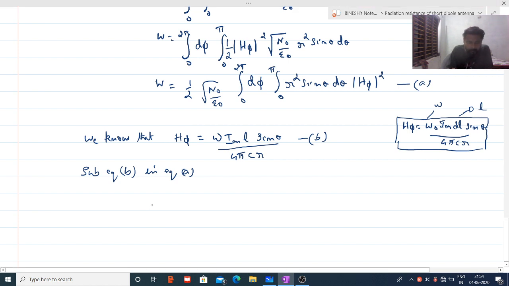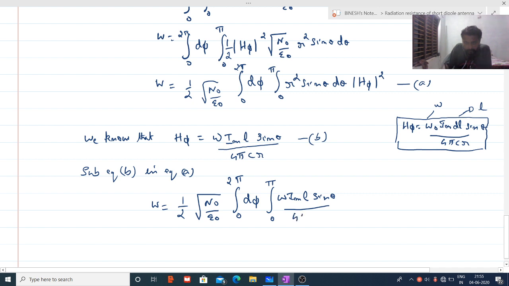What you will get: W is nothing but 1 by 2 root of mu naught by epsilon naught, integral 0 to 2 pi d phi, integral 0 to pi, omega Im L sine theta by 4 pi C R, the whole square, because this is H phi square, into R square sine theta d theta.